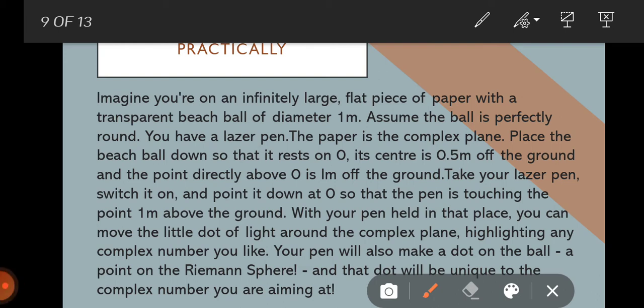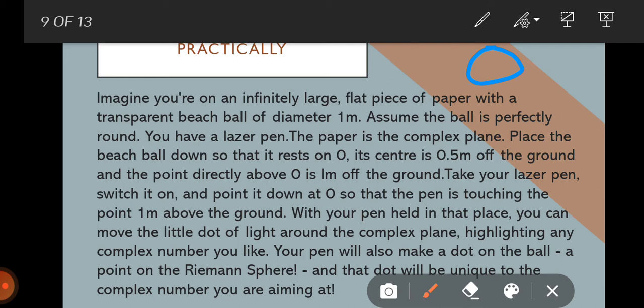The paper is the complex plane. Place the beach ball down so that it rests on 0. Its center is 0.5 meters off the ground and the point directly above 0 is 1 meter off the ground.